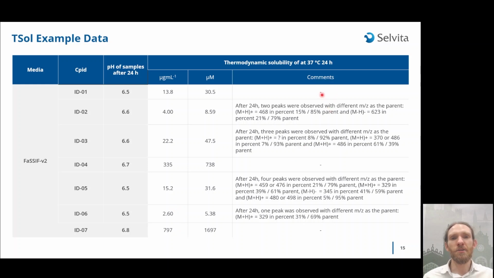So the scientist performing the assay will write down here all the observations, whether he or she observes some decomposition of a compound, any change of color, precipitation, anything that may be important for us to understand better the behavior of a compound in this medium.